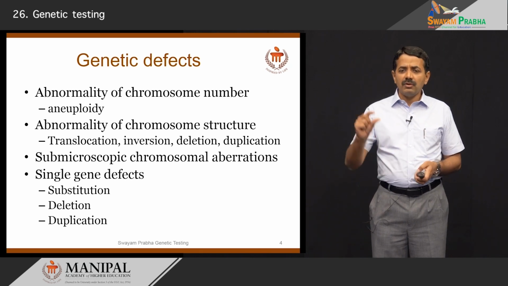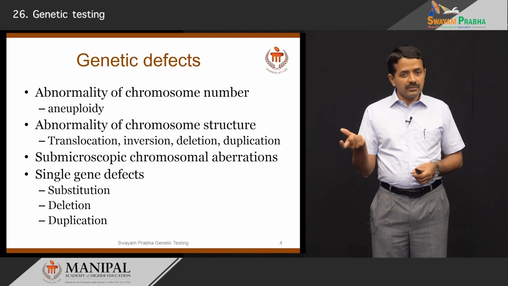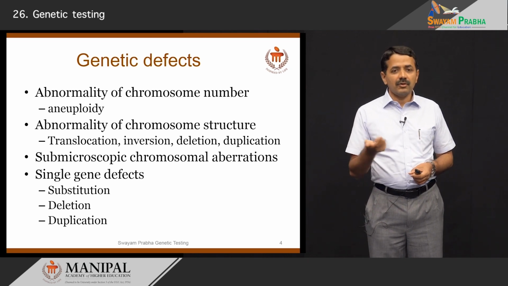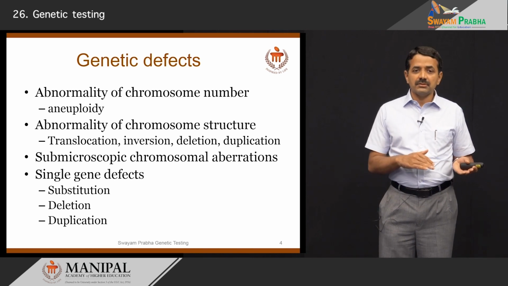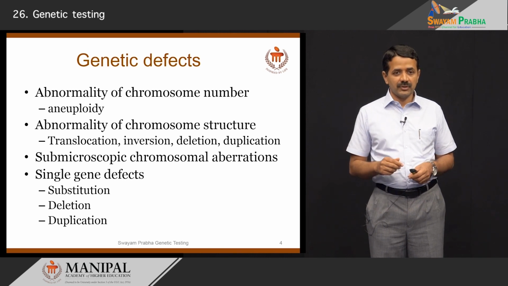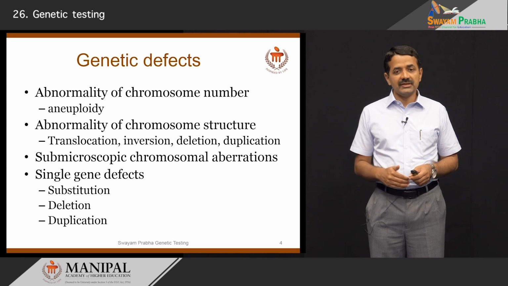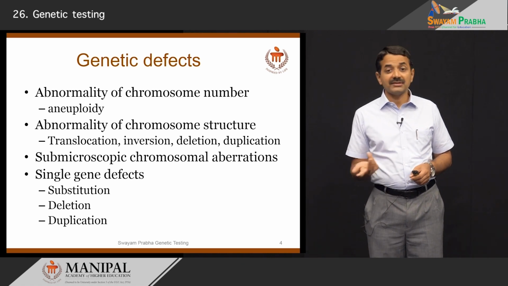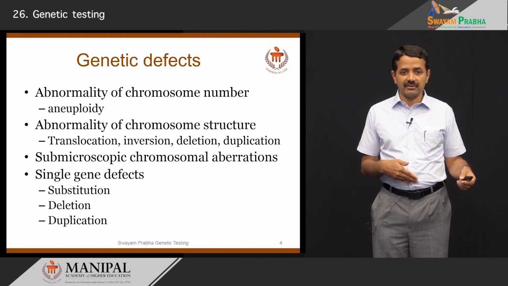It can be a small structural abnormality of the chromosome which involves one or two or several chromosomes, which can be translocation or inversion, deletion or duplication of a segment of a chromosome. The next level is submicroscopic alterations, which are deletions or duplications or other complex rearrangements which are not seen under the microscope when you see a karyotype.